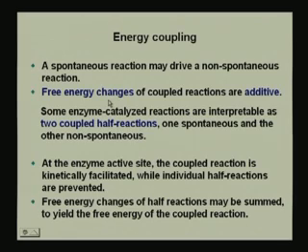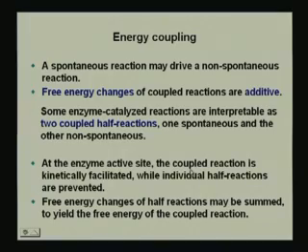Okay? And these enzyme catalyzed reactions are interpreted as two coupled half reactions, where the energy of one more than compensates the energy of the other, so that you get a value that makes the specific reaction spontaneous in nature.